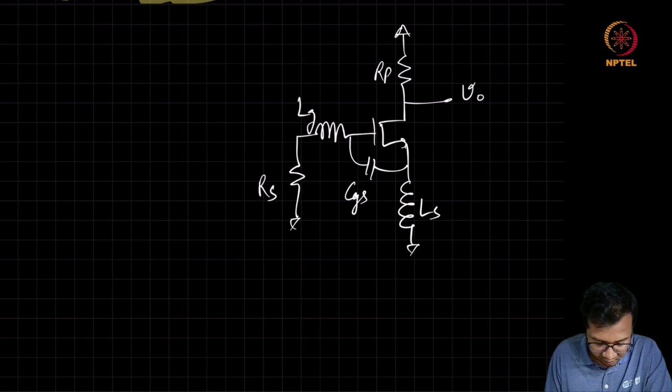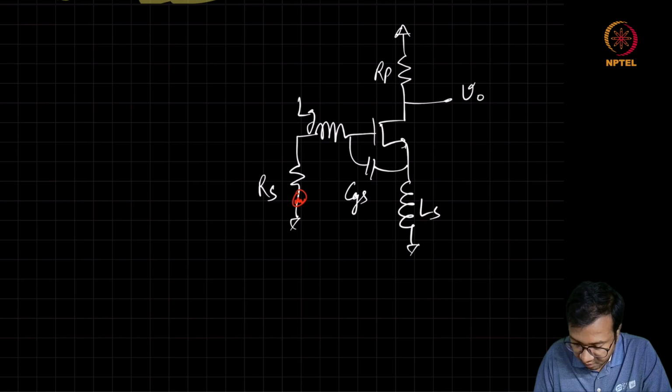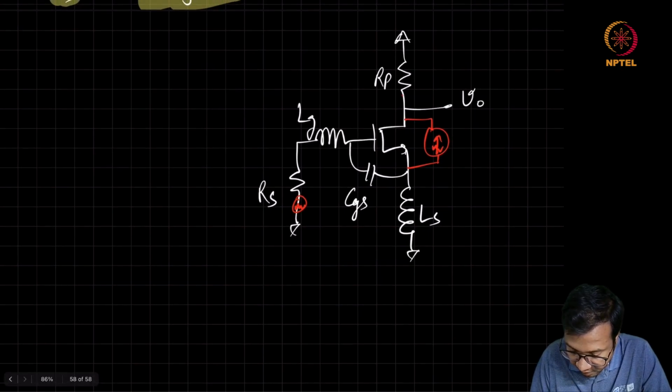If we look at the noise sources, we have noise due to RS, noise due to the MOSFET, and then there will be noise due to RP.